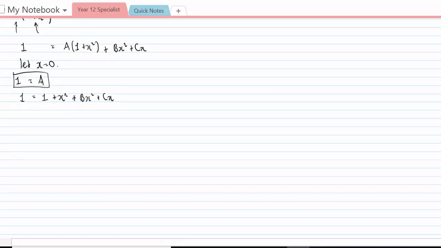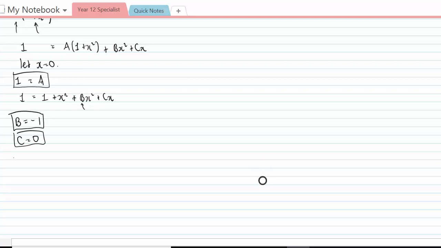So you can see that on the left-hand side there is no x squared term, which means that this b here must be -1, because we need the x squareds to cancel each other out. So I can straight away say b equals -1, and also that c equals 0, because on the left-hand side there is no x term either.